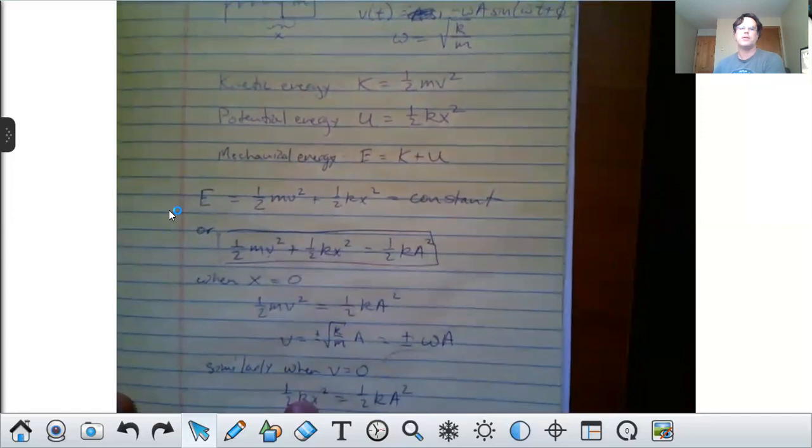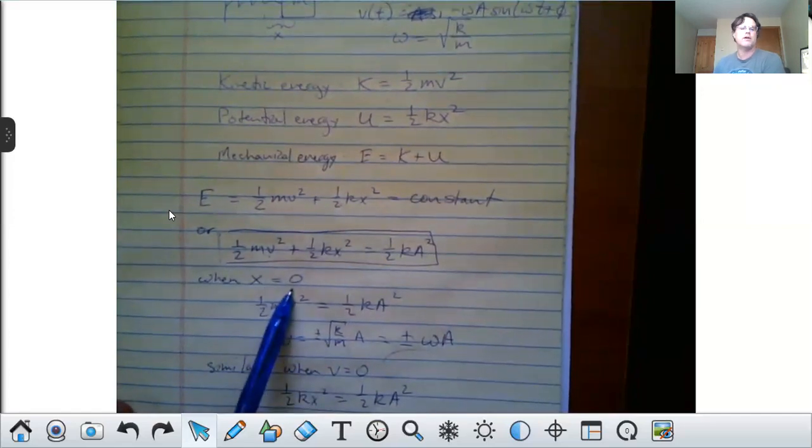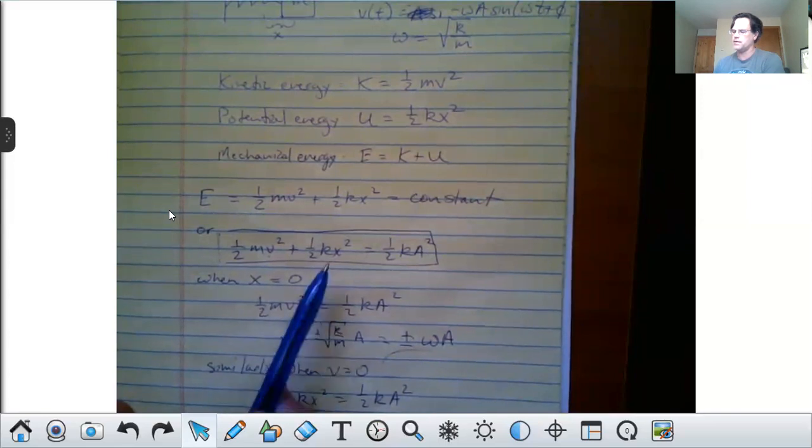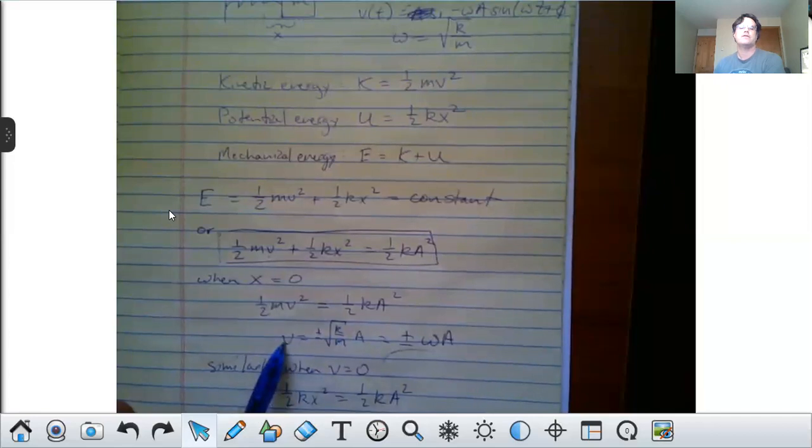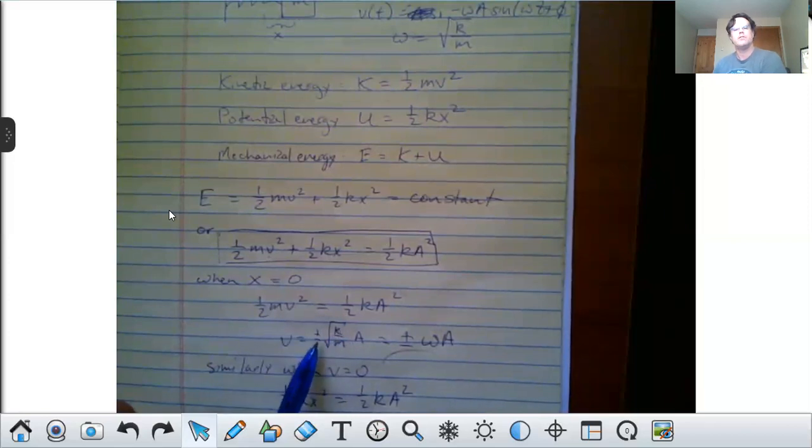As a simple example, what about at equilibrium when x equals 0? Well, we find that 1/2 mv squared, x is 0, equals 1/2 kA squared. You can solve for v, take the square root of the equation, the 1/2 cancels out. We get plus or minus square root of k over m times the amplitude.